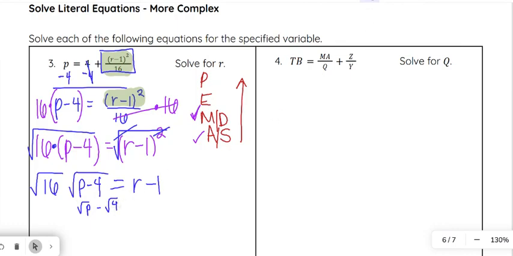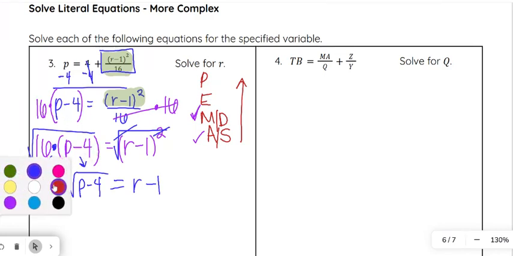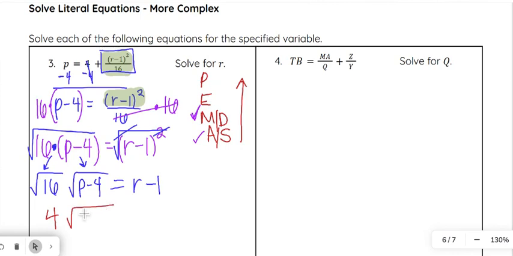It doesn't work that way with addition and subtraction. But if we have multiplication between pieces, those pieces that are being multiplied can be broken up. So the 16 can go on its own and the p minus 4 can go in its own square root. So that helps us because the square root of 16 is just the whole number 4. And then we have the square root of p minus 4 and then equals r minus 1.